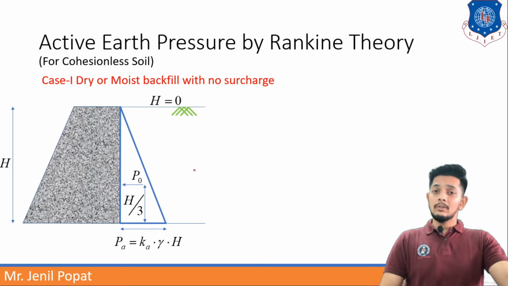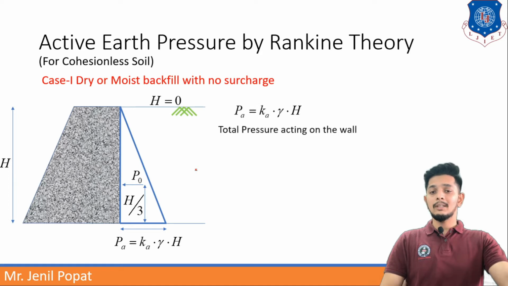Now pressure force will be given by some formulas like this. Pressure can be given as Pa is equal to Ka into gamma into h. Now gamma is unit weight.